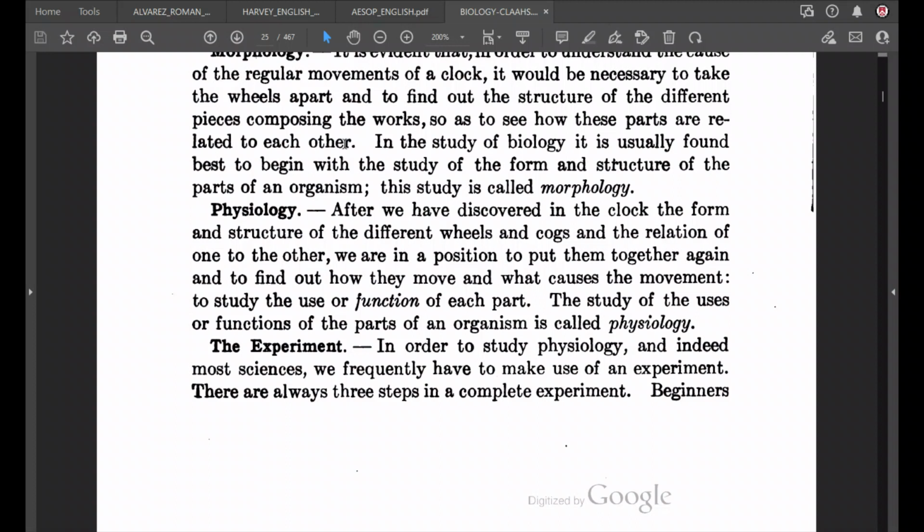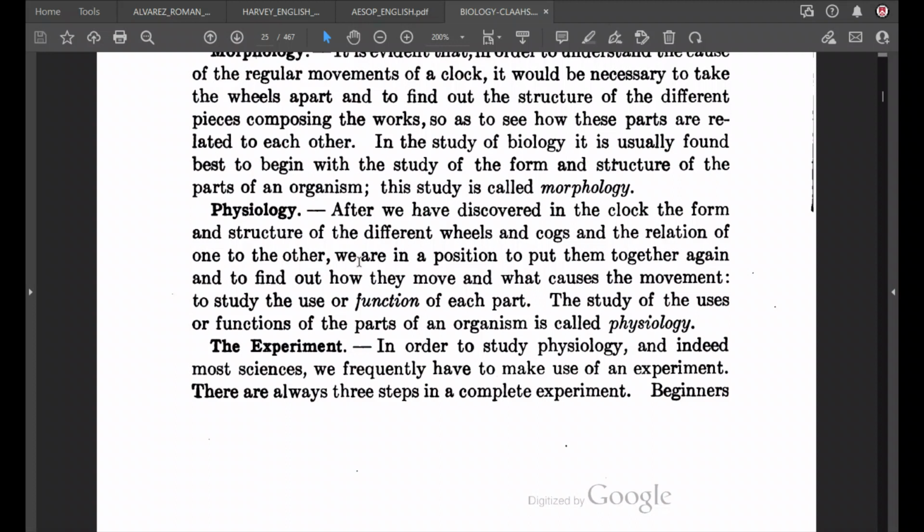So let's read about the experiment. In order to study physiology, and indeed most sciences, we have to make use of an experiment. There are always 3 steps. So here's an important bit to note down in your notes.